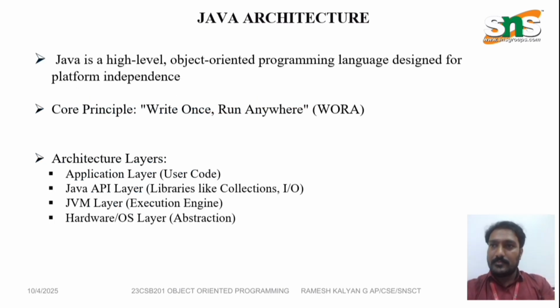Java works on a principle called WORA, which is abbreviated as write once and run anywhere. As we saw previously, Java is open source and platform independent, so it can be installed in any system irrespective of the operating system, either Windows or any other one.